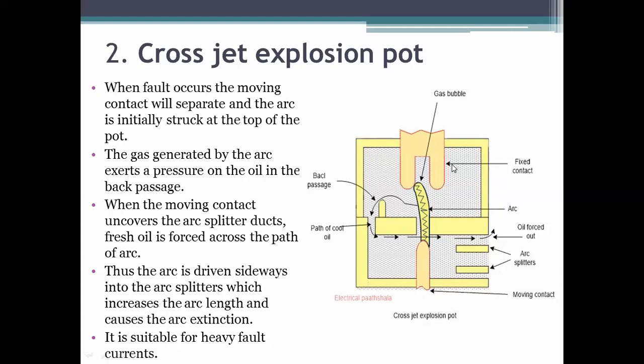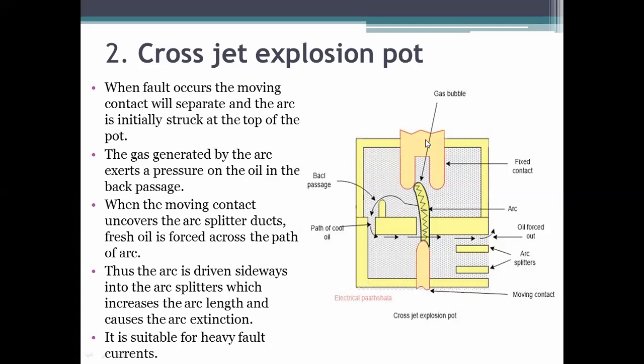Again it has two contacts, one is the fixed contact and second is the moving contact, the same as the plain explosion pot.